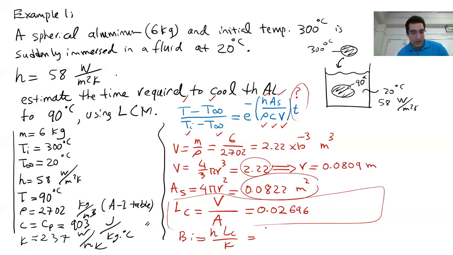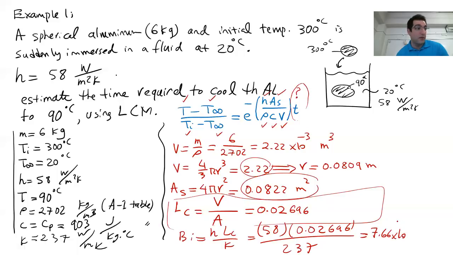In this case, h is 58, Lc is this tiny number, and k is 237. So this is Biot, which is 7.66 times 10 to the negative 3. Now, because it's less than 0.1, this is the check. You can go ahead and use this approach.